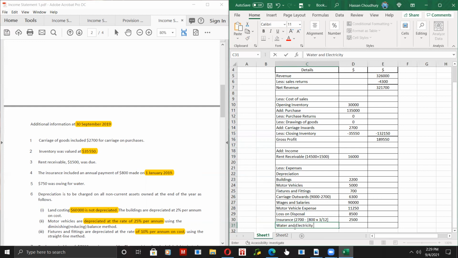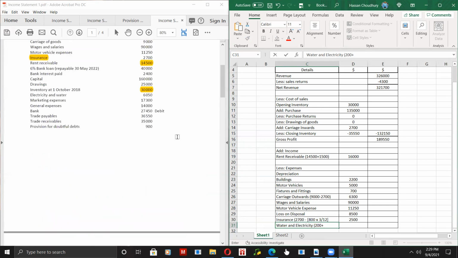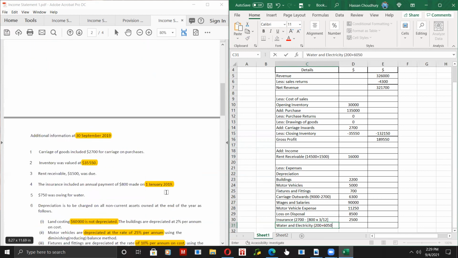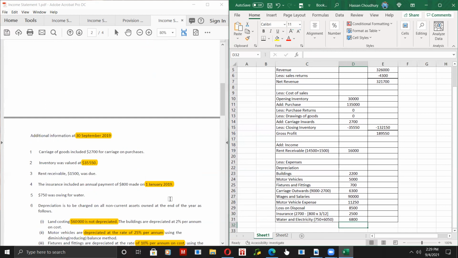Again, remember this is owing, so we add the 200 with the figure of 750. Yeah, 750, my bad. So we write 750 here. We've got 6,050 plus 750, we get 6,800.